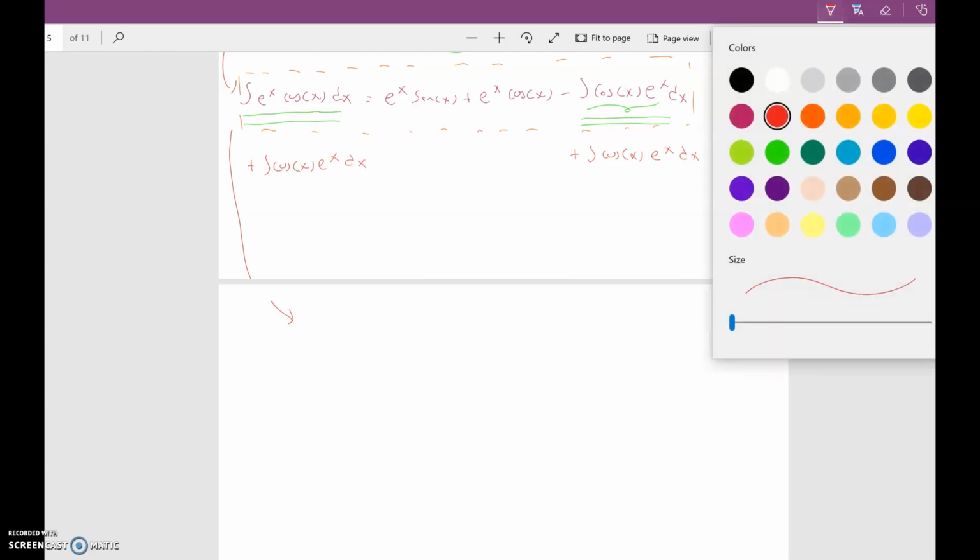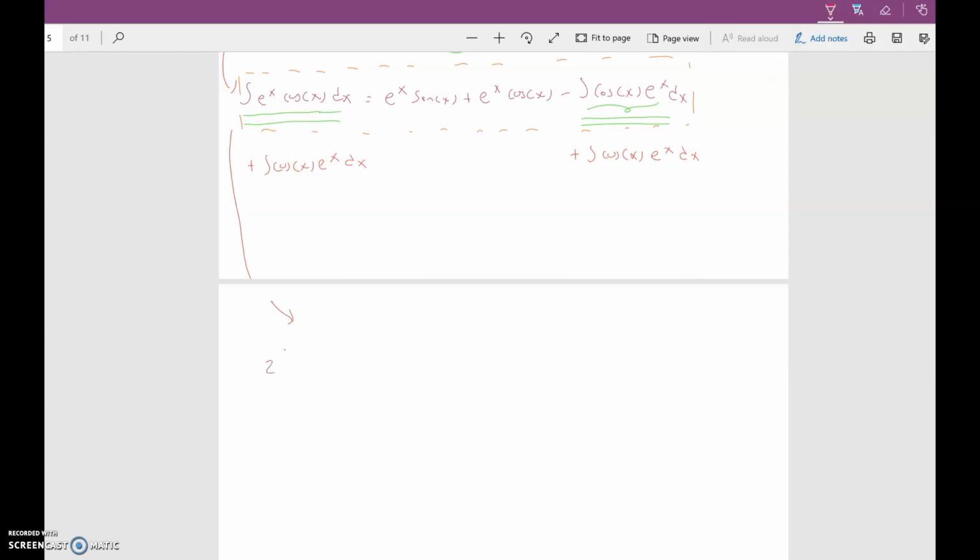You now have 2 times the integral of e to the x cosine of x dx, which is equal to e to the x sine of x plus e to the x cosine of x.